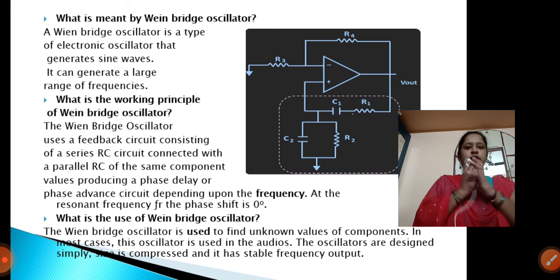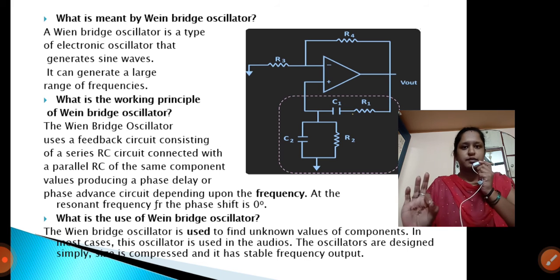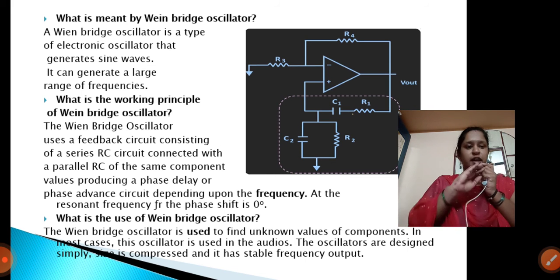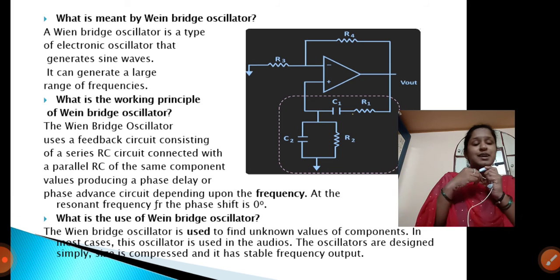First, a Wien bridge oscillator is a type of electronic oscillator that generates the sine wave. It doesn't generate square, sawtooth, spike, or triangular waves.